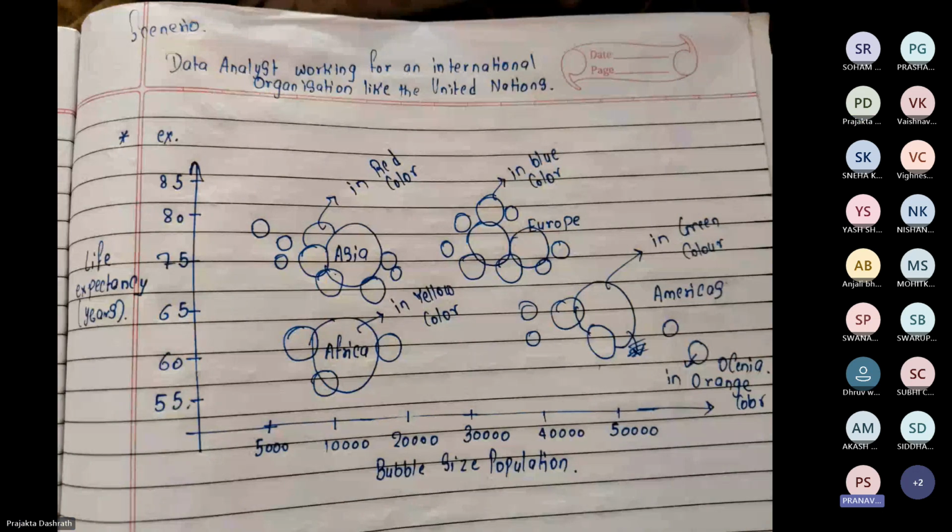On the vertical axis, the y-axis, life expectancy in years is shown, the average lifespan of people, and each bubble indicates a group of countries from a particular continent. The size of each bubble indicates the population, and different colors are used for showing the continents. In this scenario, a data analyst from the United Nations uses a bubble chart to compare the economic and health conditions of continents.